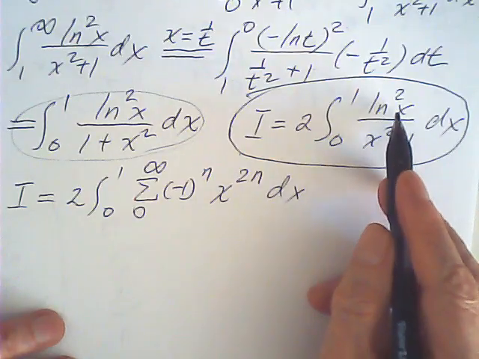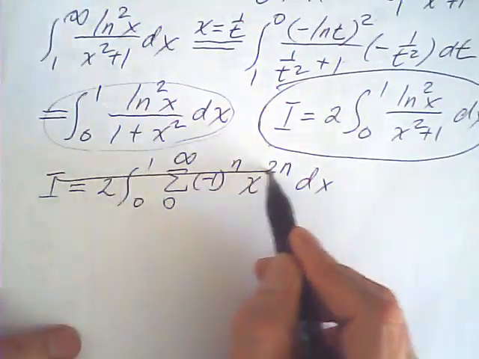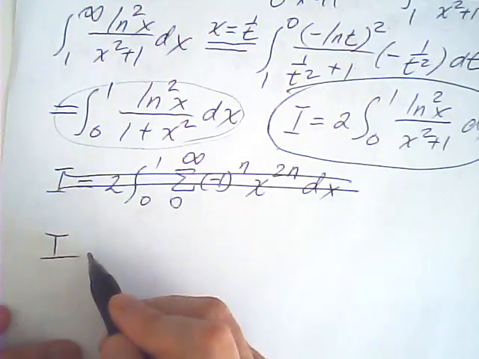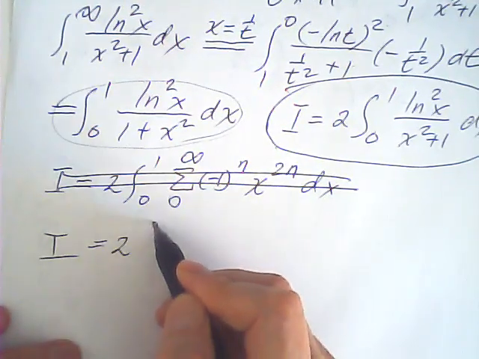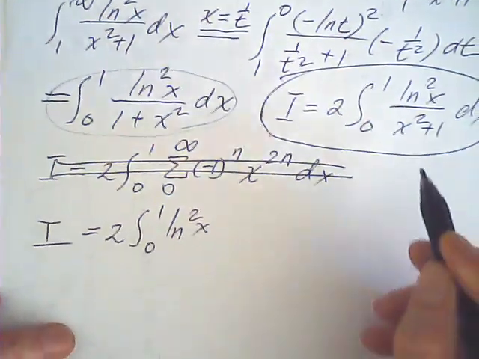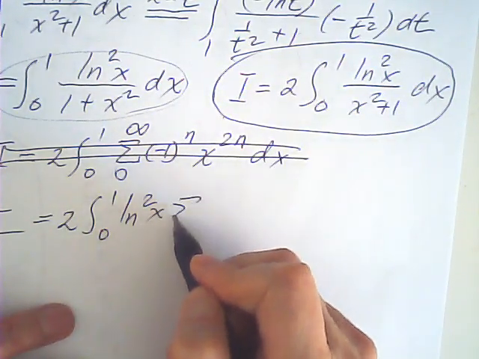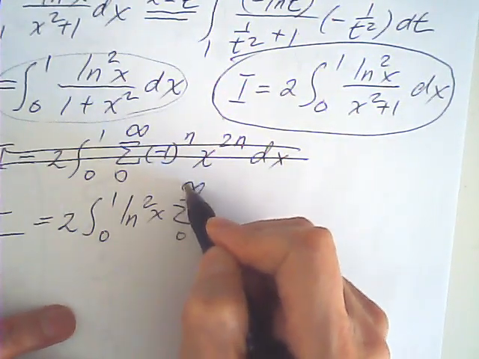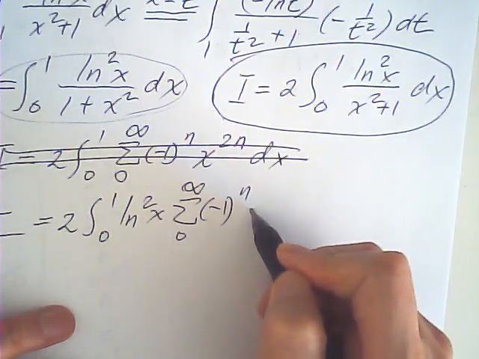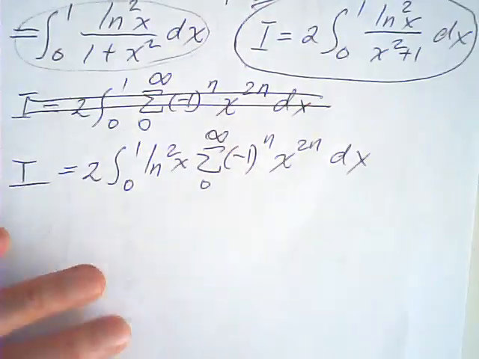I forgot the log. I'm sorry. This is equal to twice the integral of log square x times the power series, right? And x to the 2n. Yeah, that's better.